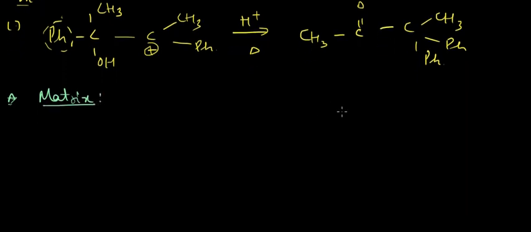Okay, so W is free radical intermediate. So this is the second column. Let me write it more clearly.